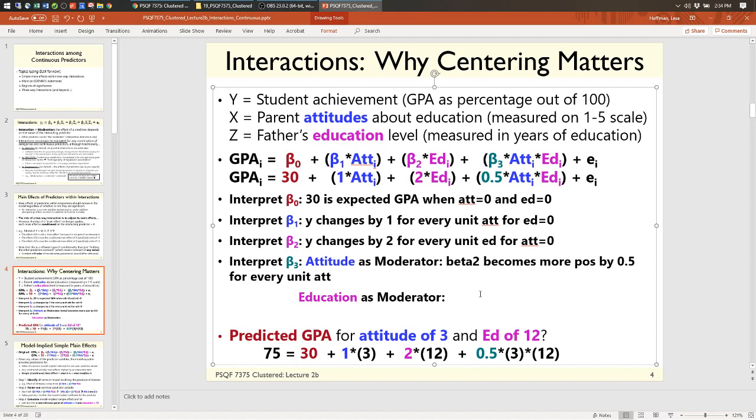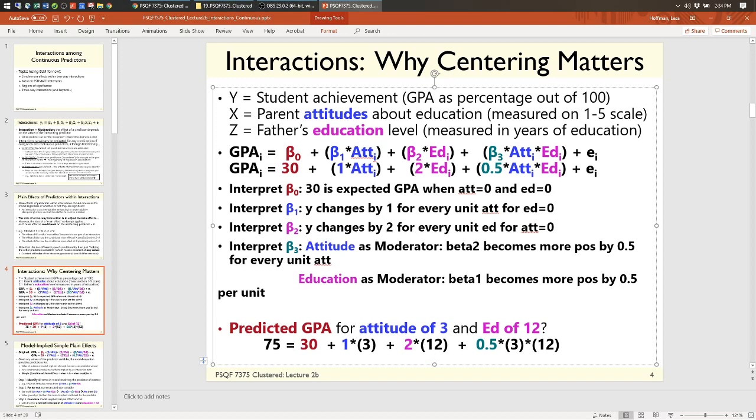If I wanted to go the other way and think about education as the moderator, then I start with the slope for attitudes. Beta 1 becomes more positive by 0.5 per unit ed.